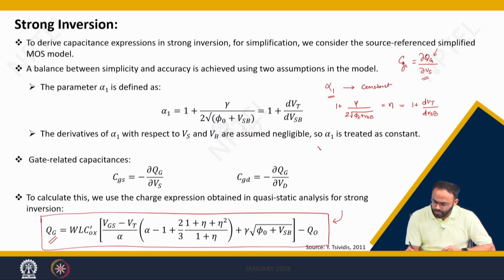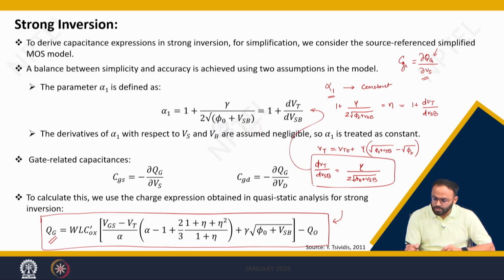We derived that fact as Vt equals Vt naught plus gamma times the square root of phi naught plus VSB minus square root of phi naught. So when you take differentiation with respect to VSB, you will get gamma divided by 2 times square root of phi naught plus VSB. So with this assumption, we will move forward to calculate CGS.